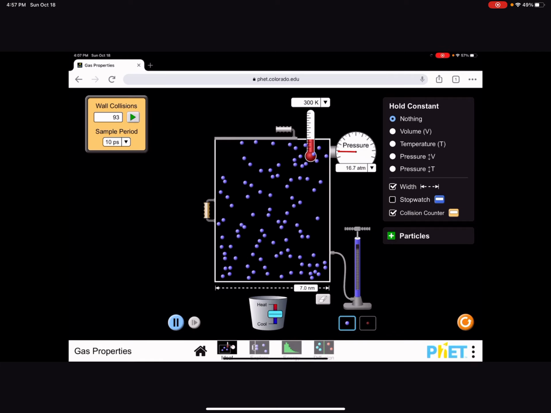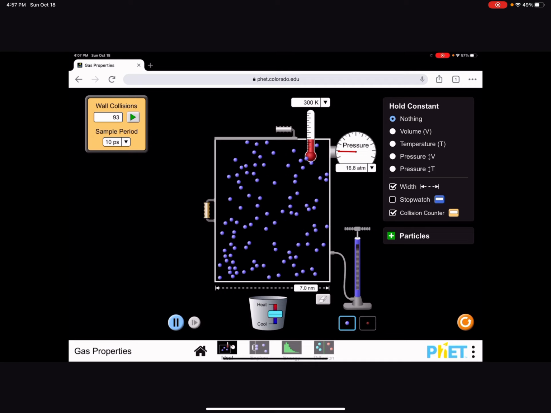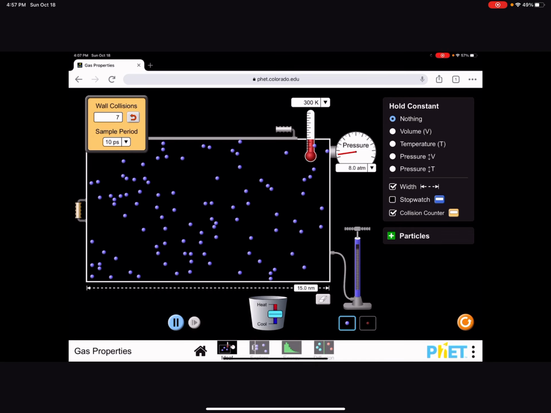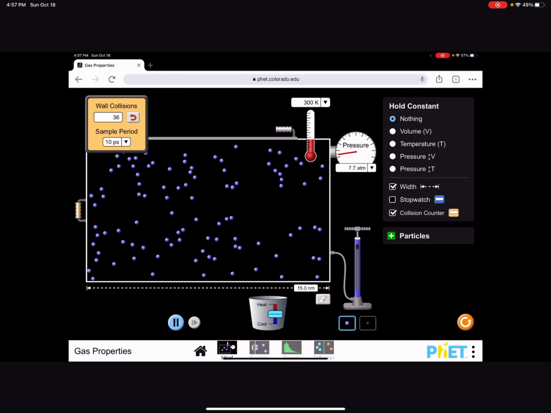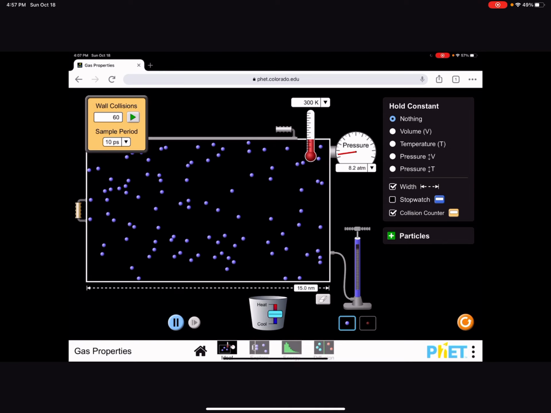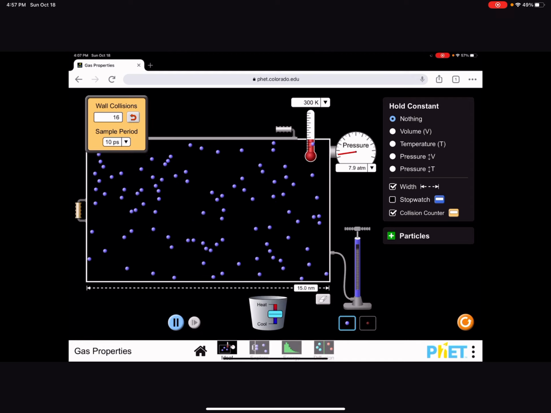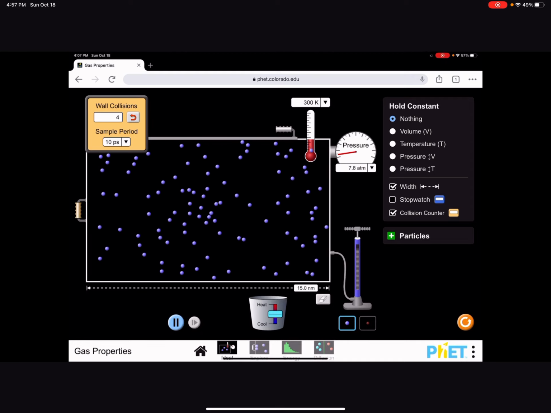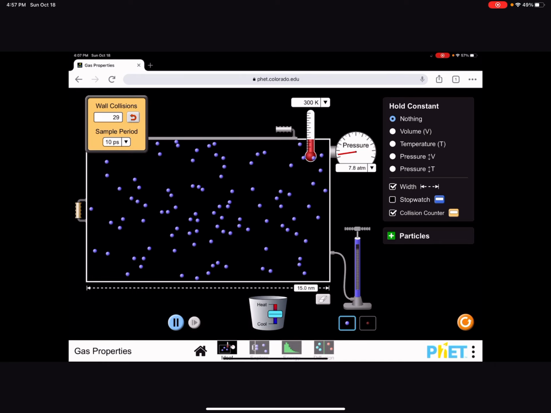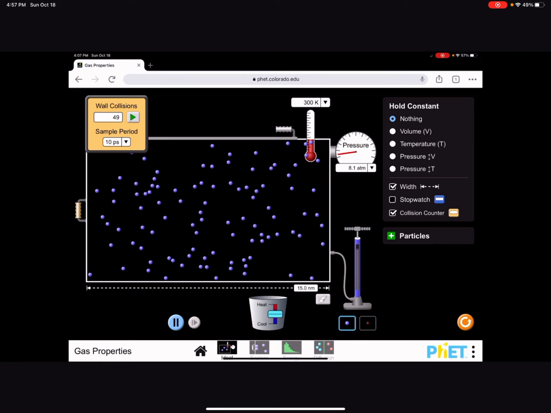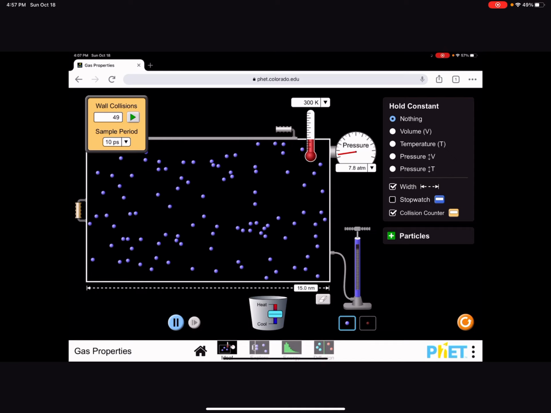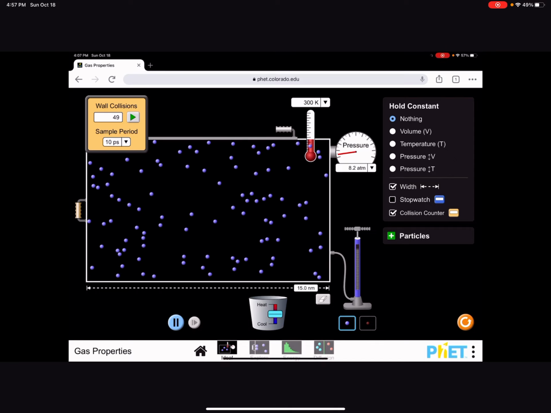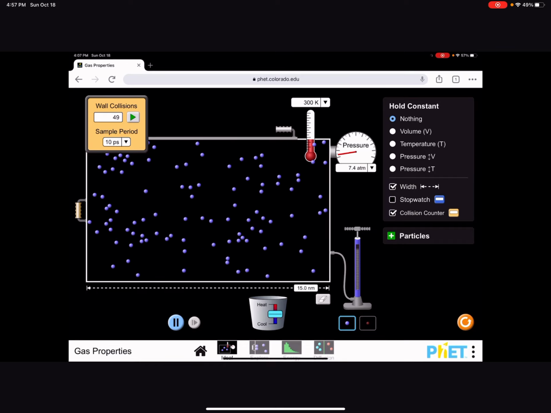Let's see how many collisions we have when our container is almost twice the length. 60, 56, 49. This helps us understand why when the volume increases, there is less pressure.